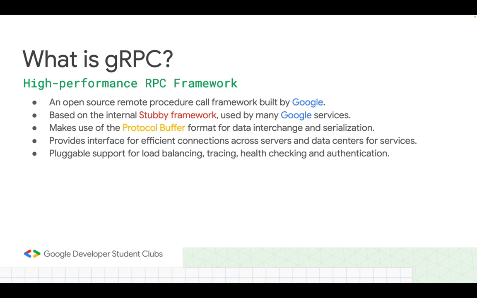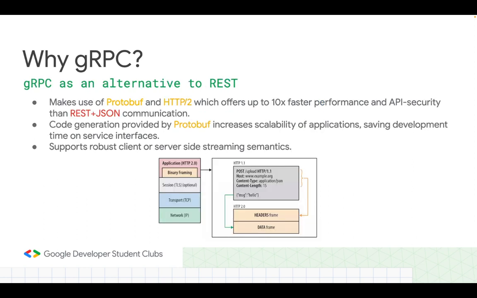There's also a lot of more advanced stuff in gRPC, like load balancing, tracing, health checking, and authentication. This is more important for people interested in deeper server development. As I was getting into before, it is an alternative in a sense to REST and JSON. You can set up gRPC in a client-server architecture similar to what you see with a lot of common chat bot or chat server applications.